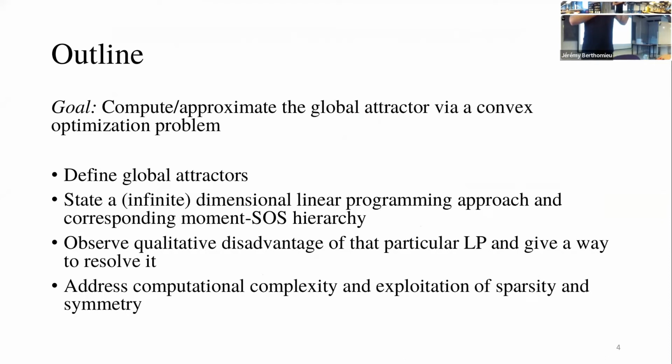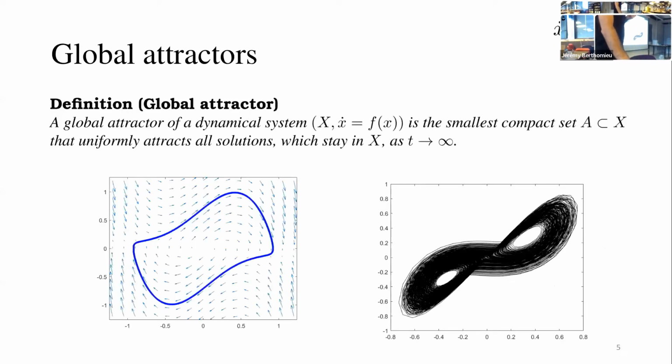And as a second part, in order to motivate another technique where polynomial optimization was used in the past already, we observed some qualitative disadvantage of the particular LP that I stated first. I show that this can be improved. And finally, I'll address complexity issues and how they can be overcome in some cases when there is enough sparsity or symmetry, for instance. Okay.